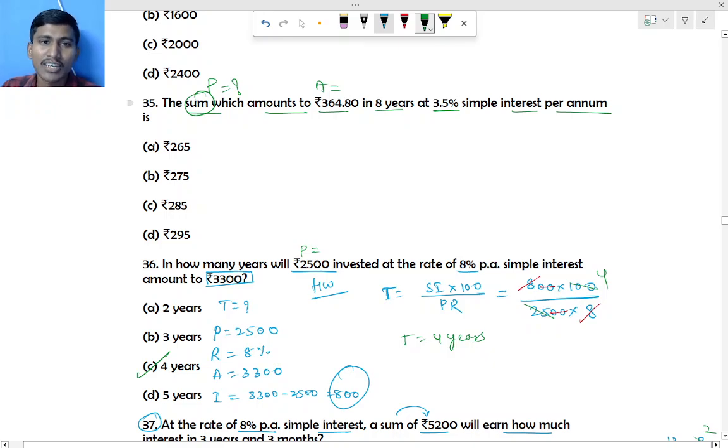Amount is given. So amount is 364.8 rupees. Amount, how do we find? Principal plus interest.